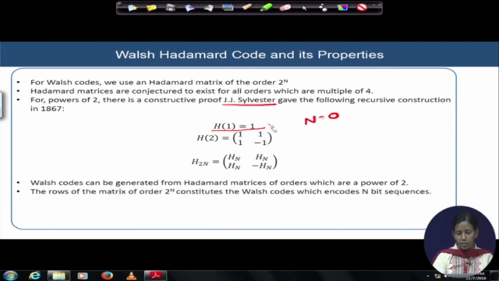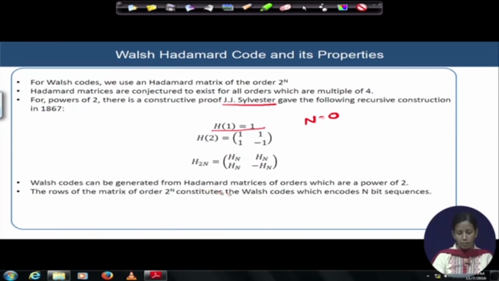If I generalize this rule, then H2n will look like this: Hn repeated thrice in the corresponding positions, and the last element of the matrix will be the conjugate of that.